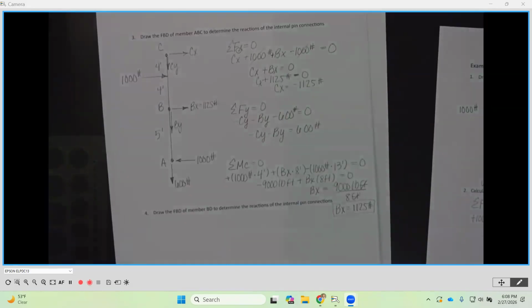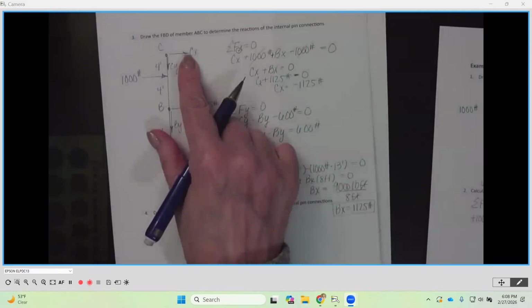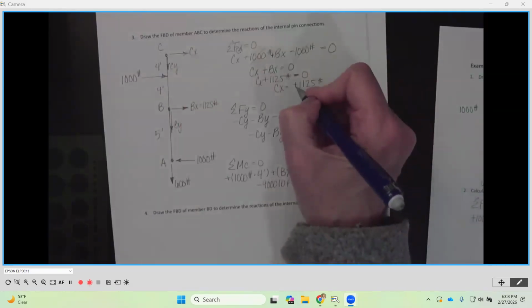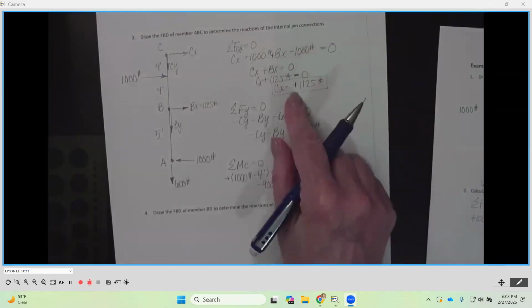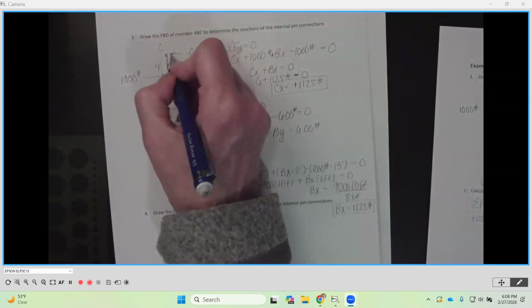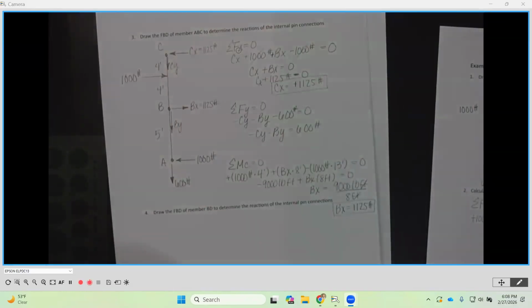So that just means that we need to change the direction of Cx to go to the left. So we're going to make it positive here. Remember, we're not going to leave a negative final answer, but then the second part of this is we have to change the direction to go to the left. Okay? So Cx goes to the left and it is 1125 pounds.